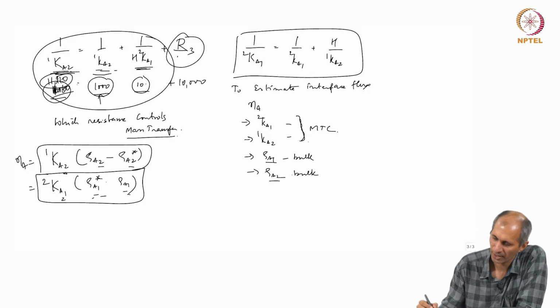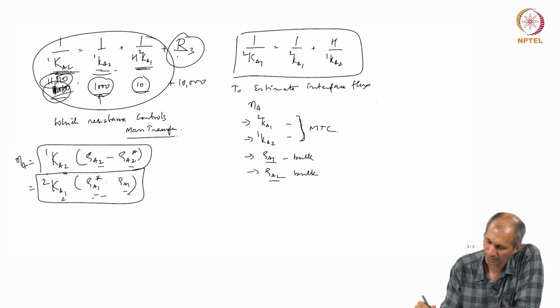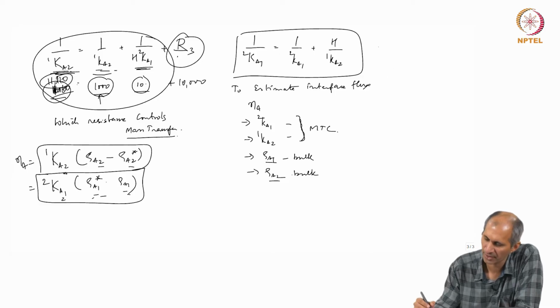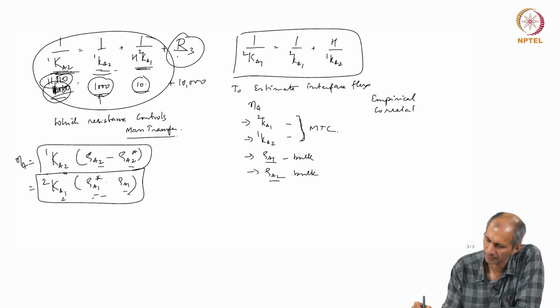So, one has to get a measured mass transfer coefficient for different systems, and the only efficient or practical way of doing it is by using empirical correlations. What does this mean?